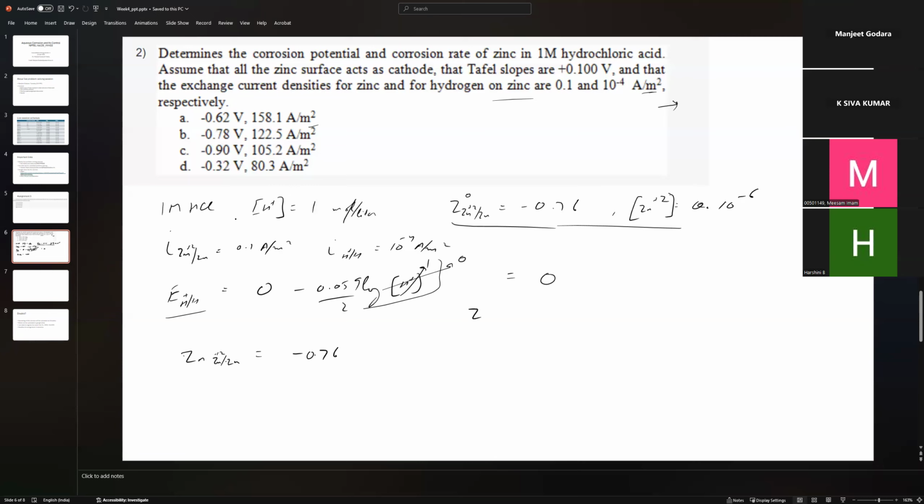So the reaction is zinc ion plus 2 electrons gives zinc, and the potential is minus 0.76 minus 0.059 divided by 2 electrons, log of the zinc ion concentration.